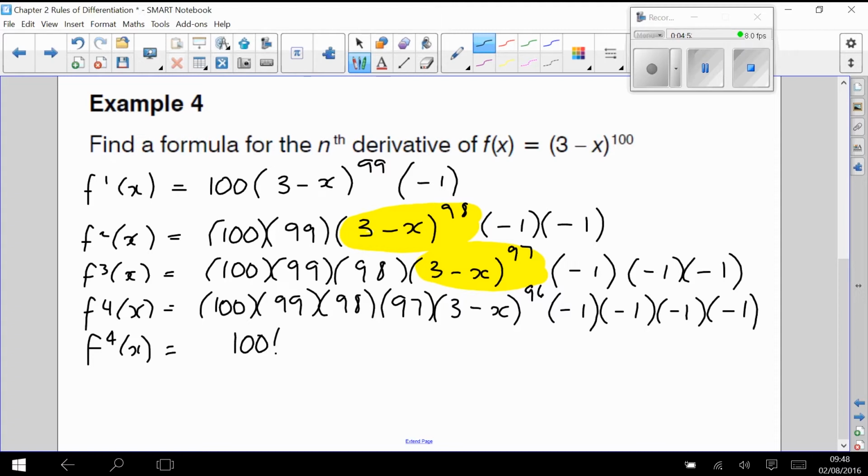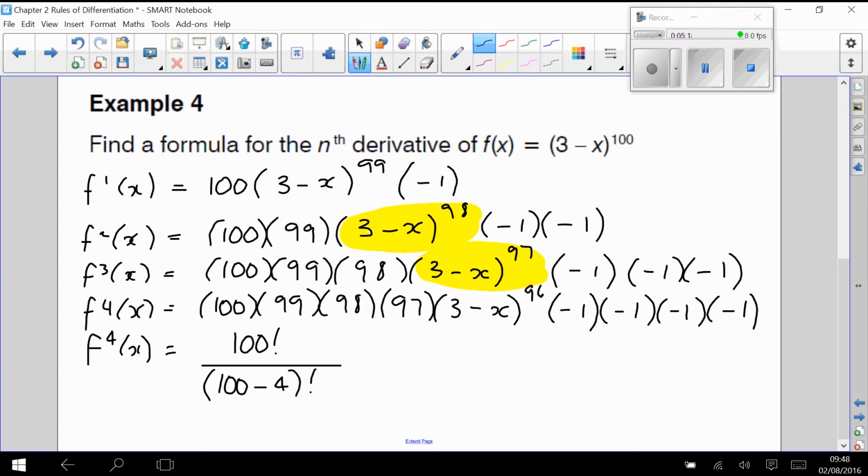Now if I wanted just 100 times 99 times 98 times 97, I would have had to divide that by the factors that I didn't want. And the factors that I didn't want were 100 minus the 4 factors that I did want, which gives me 96 factorial.